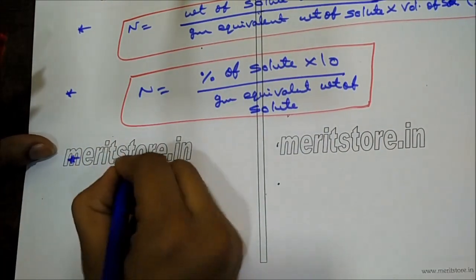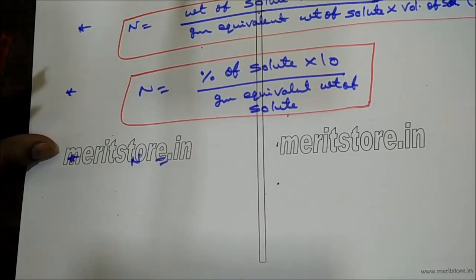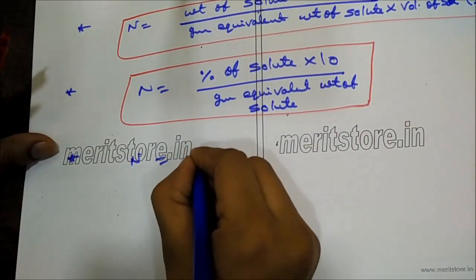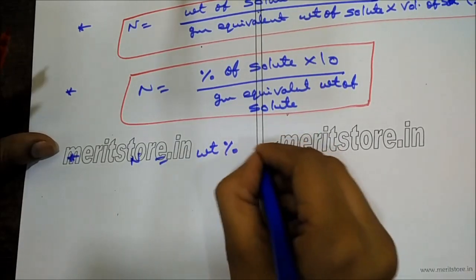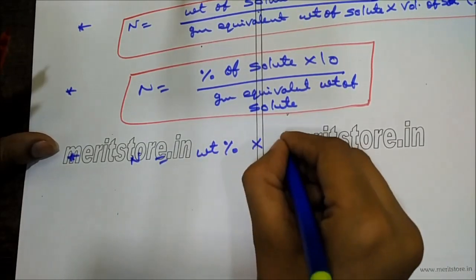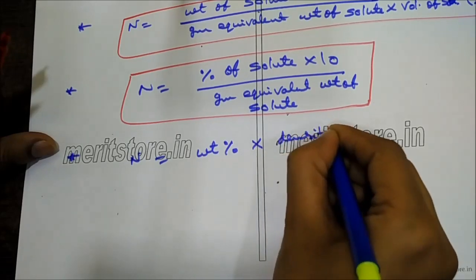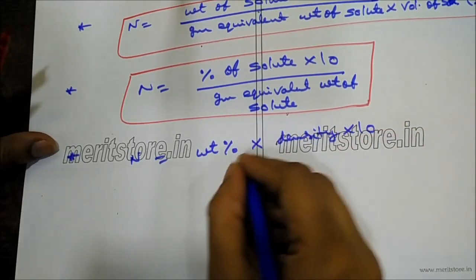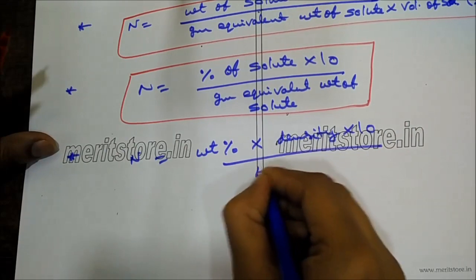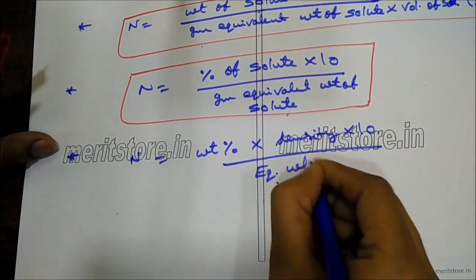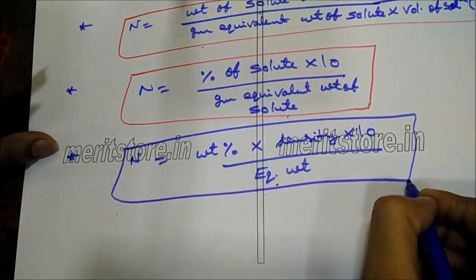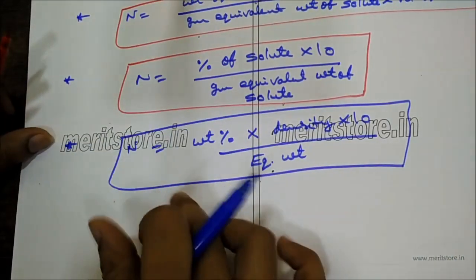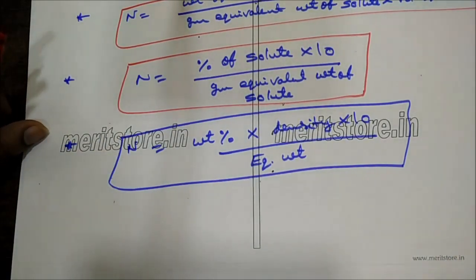Next, if the concentration is present in percentage, then we'll write percentage weight into density into 10 divided by equivalent weight. So these are the different formulas to calculate the normality of a solution.